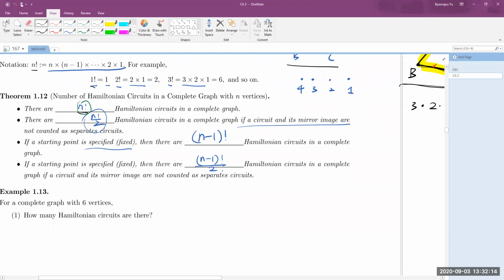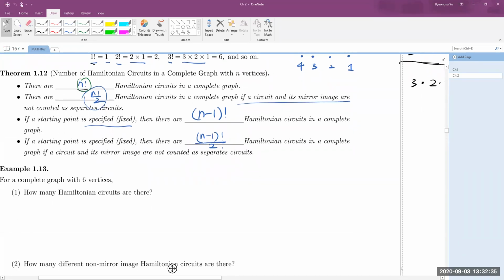If we don't count the mirror image as a separate circuit, then it has n factorial over 2 Hamiltonian circuits, so we just divide by 2. And if the starting point is specified, then there are n minus 1 factorial Hamiltonian circuits in the complete graph. Again, if we ignore the mirror image, you can just divide it by 2.